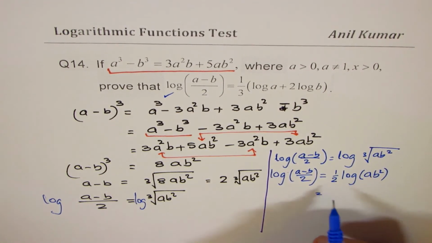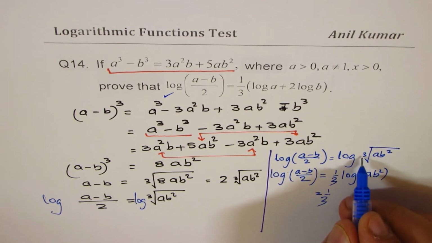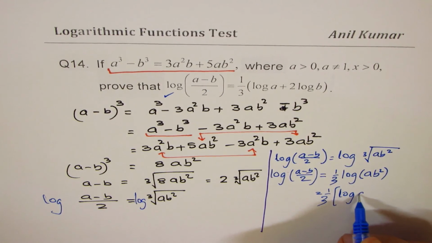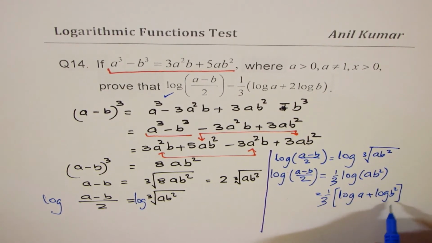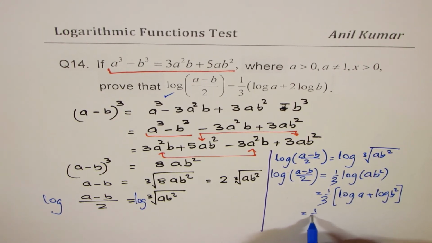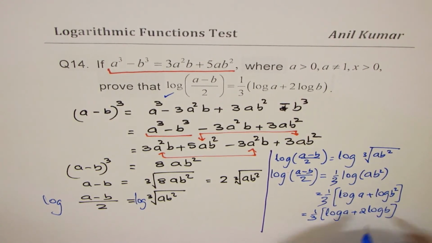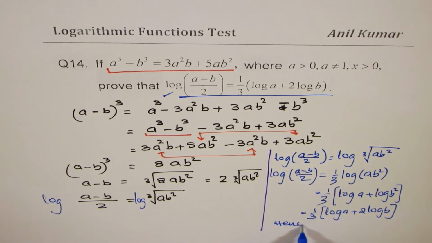Let's apply the laws of logarithms, and we could write this, 1/3 because the cube root, as log of a plus log of b square. Applying the power rule, I could write this as 1/3 log of a plus 2 log of b. That's what we need to prove, correct? Hence proved.